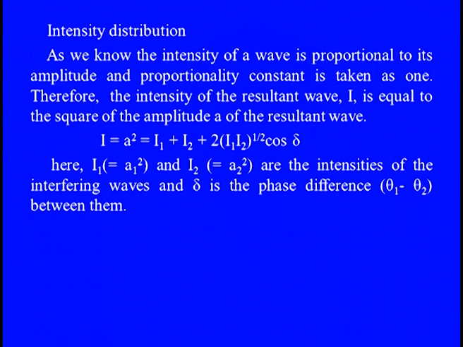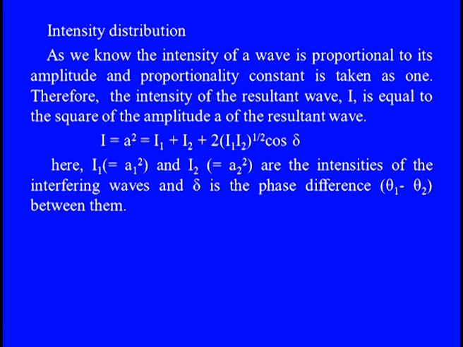So now I will discuss the variation of intensity of resultant wave as a function of phase difference. As we know, the intensity of a wave is proportional to its amplitude, and the proportionality constant is taken as 1.